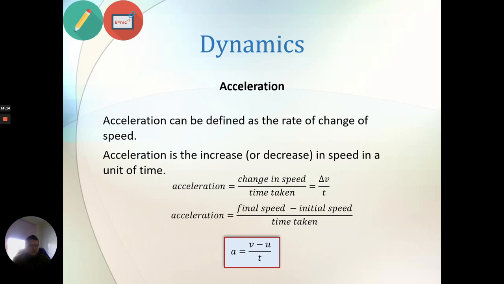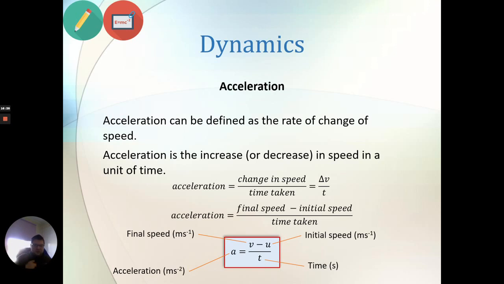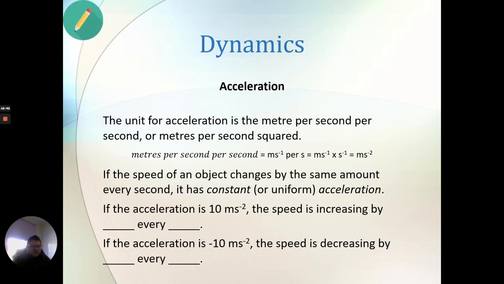And we have our actual formula here as a equals v minus u over t, where v is the final speed in meters per second, so that's the one which it has finished at. u is the initial speed, t is the time in seconds, and acceleration is in meters per second squared. The unit for acceleration is the meter per second squared, which you can see it's written down there as ms to the minus 2.